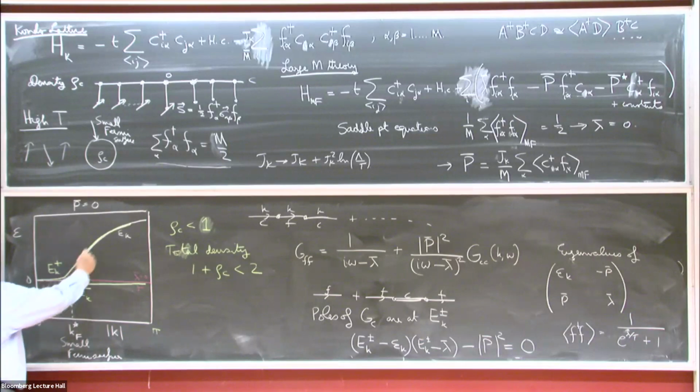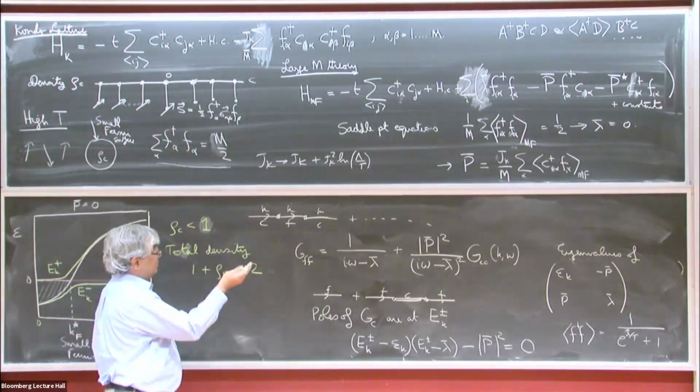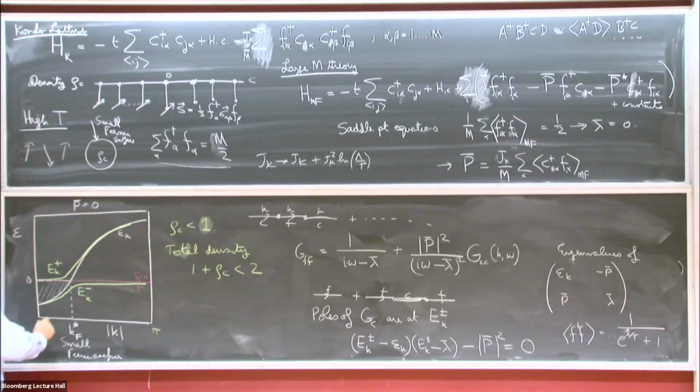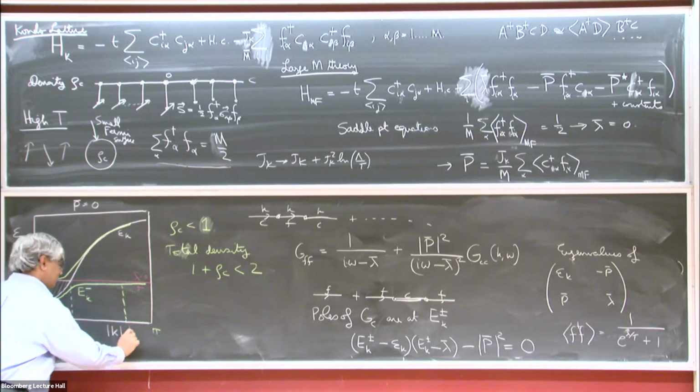I don't need to fill Ek plus. I have enough states on this band to satisfy the constraint on the density of the C electrons and the density of the F electrons. So basically, I'm going to be sitting somewhere here. This will be my true KF.